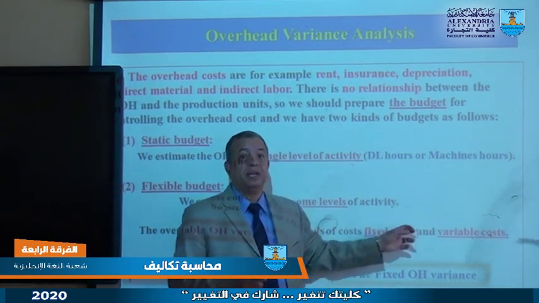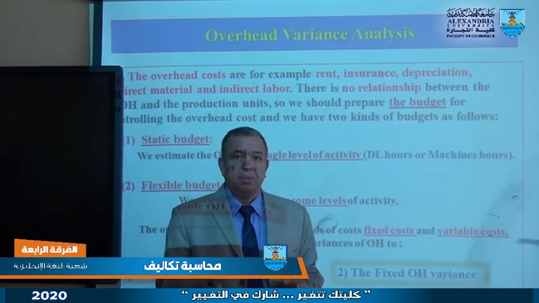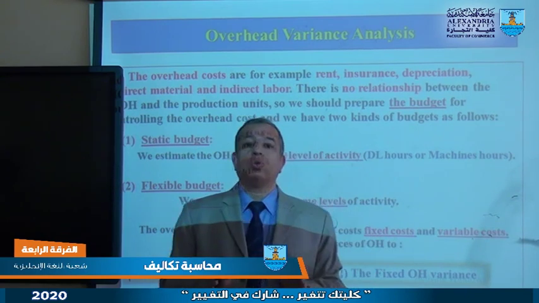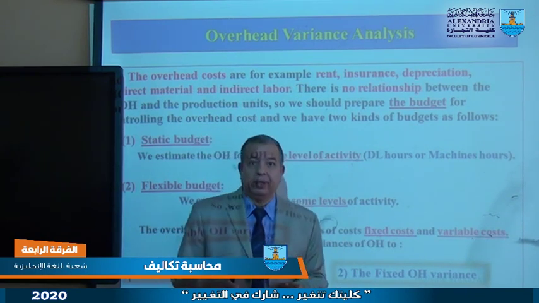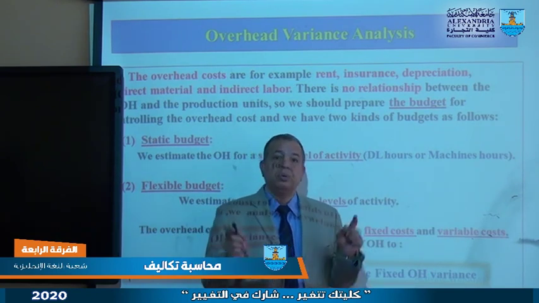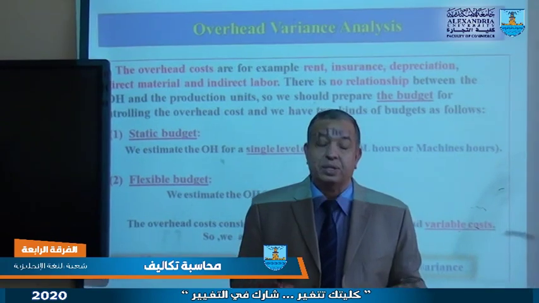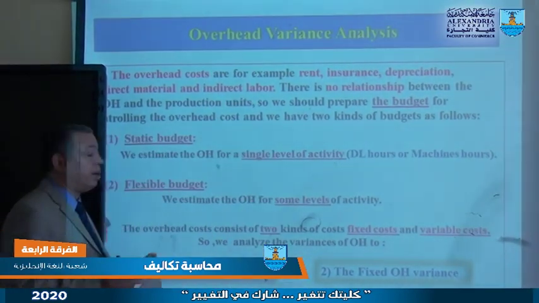But when I speak about direct material and direct labor, all of them are variable. Any direct cost in accounting will be variable. But here we have two kinds of costs.